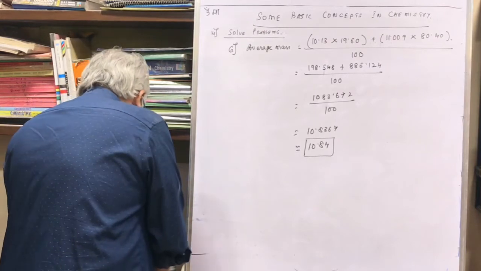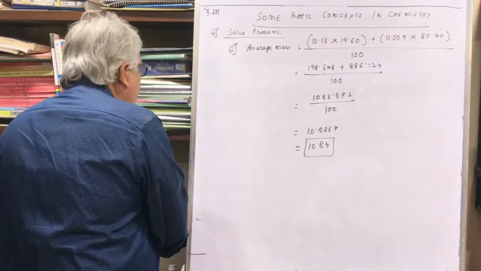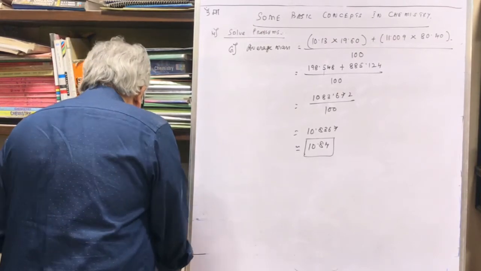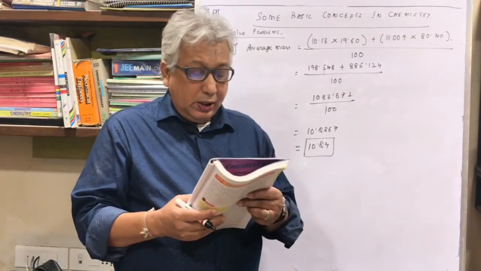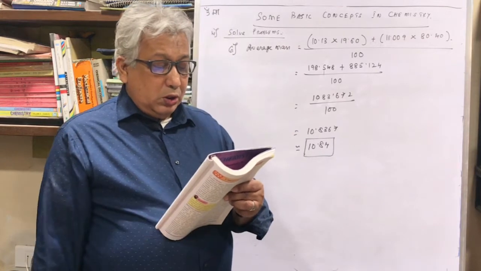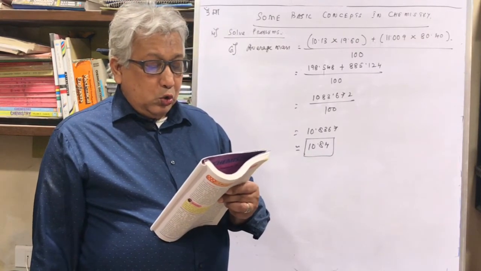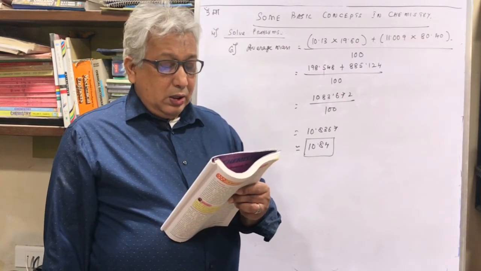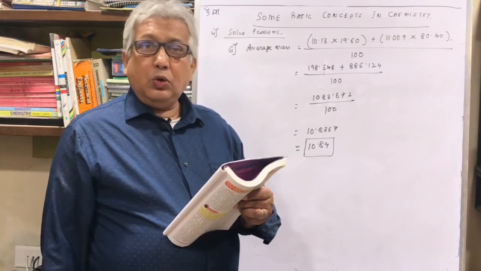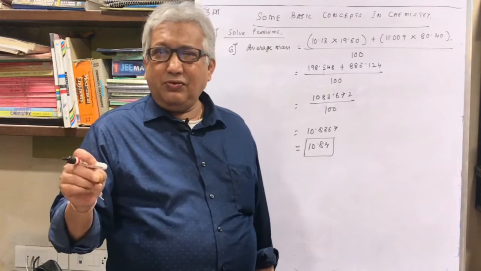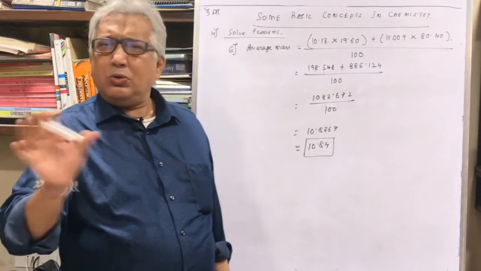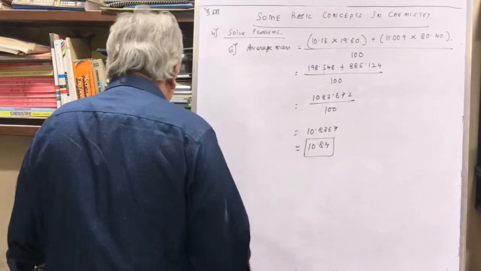Now I come to the next problem, that is problem number H. What they have asked me, see, convert the following degree Celsius temperature to degree Fahrenheit temperature. So I think you remember that degree Fahrenheit is equal to 9/5 degrees Celsius plus 32. So that is the formula I have to use in both the cases.